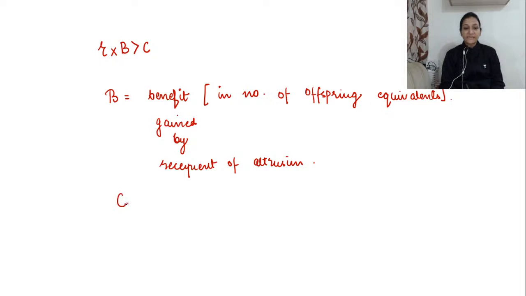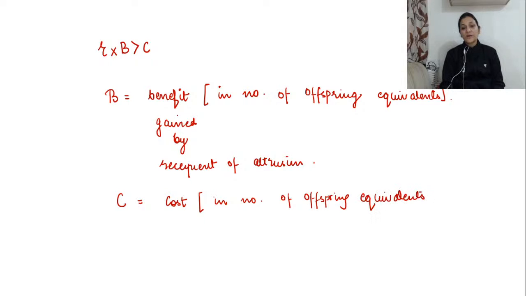Now what is C? C stands for cost. Cost in number of offspring individuals, or equivalents. Why equivalents? Maybe they are not directly giving birth to their own offspring, but if they are helping to rear the offspring of their relative, that is counted as cost.